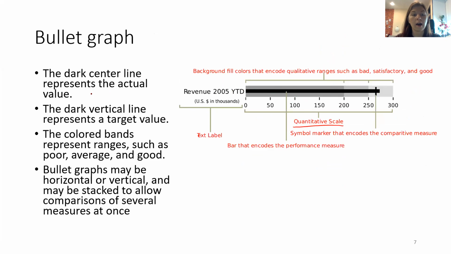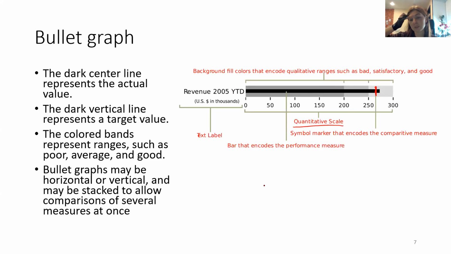The dark vertical line represents a target value. The colored bands represent ranges such as poor, average, and good. So you have 3 regions. And bullet graphs may be horizontal or vertical and may be stacked to allow comparison of several measures at once.